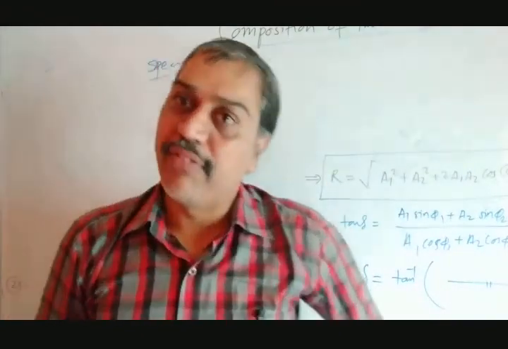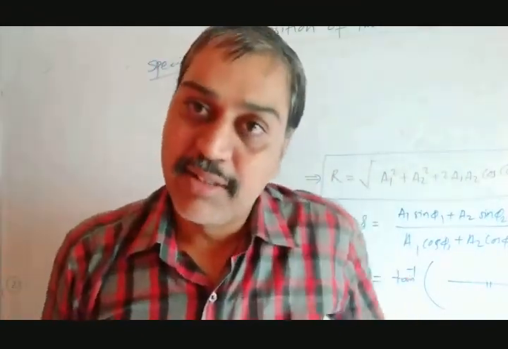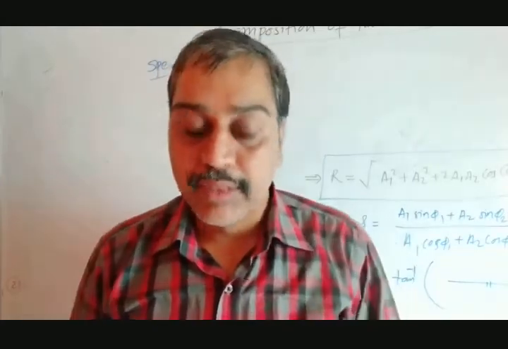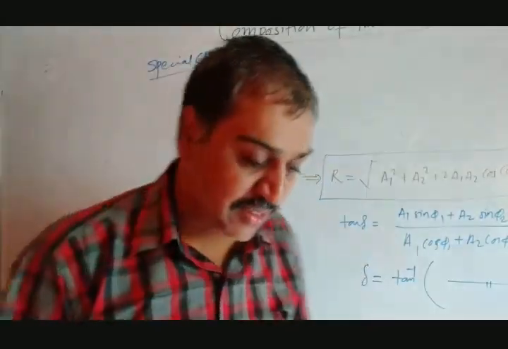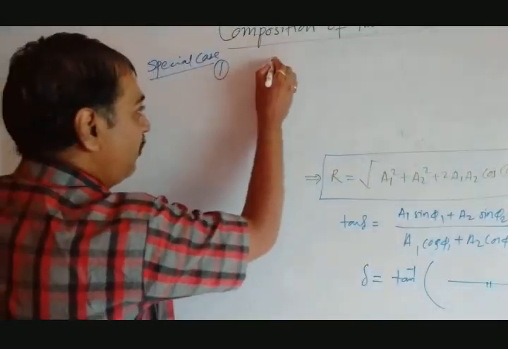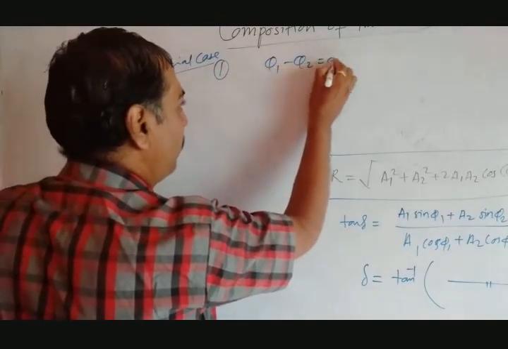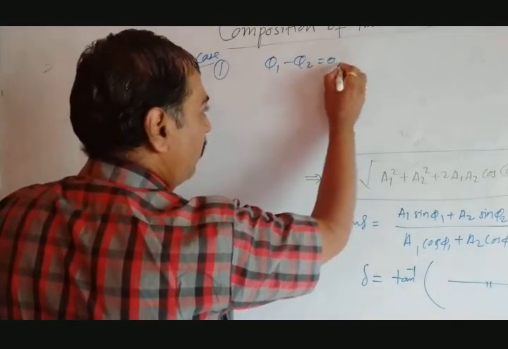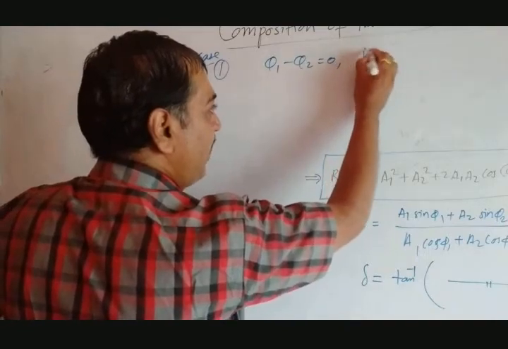So they are said to be in phase. If they are in phase, phi 1 minus phi 2 is 0. That is the first case. If phi 1 minus phi 2 is 0, the two waves or two motions are in the same phase.